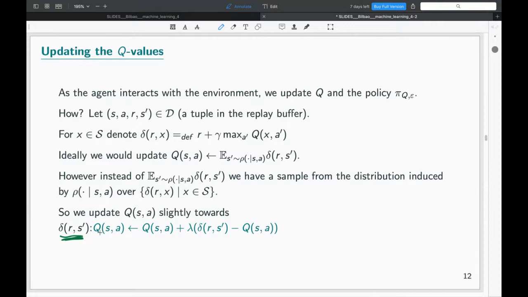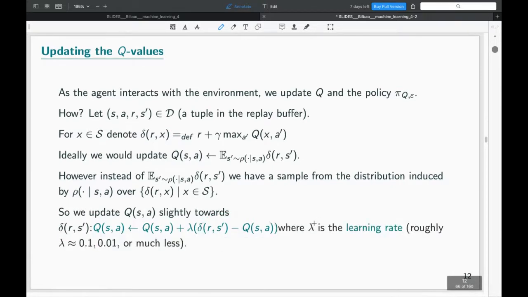And how do we do this? We change Q(S,A) to Q(S,A) plus this value. So lambda is the learning rate, which is a very small number.